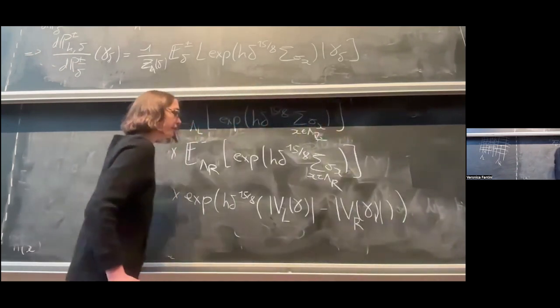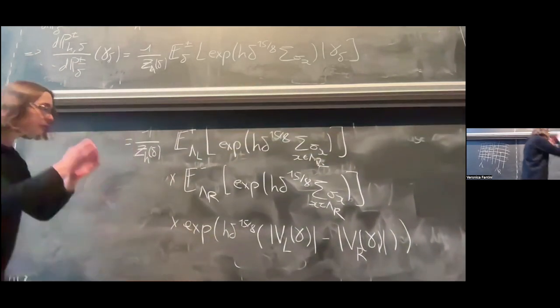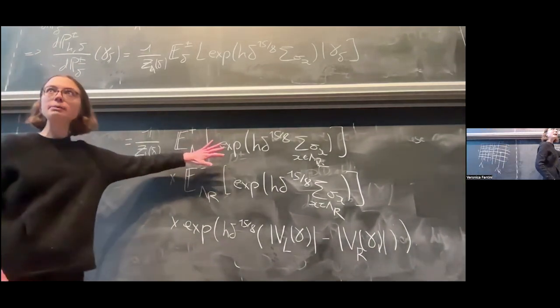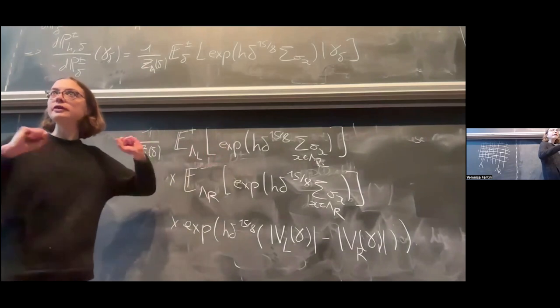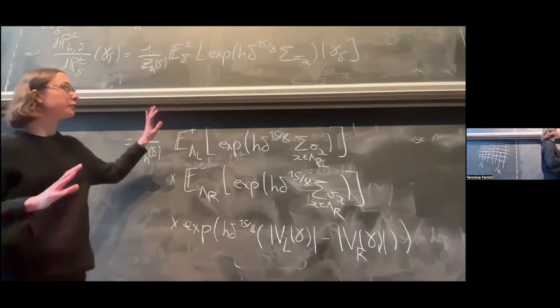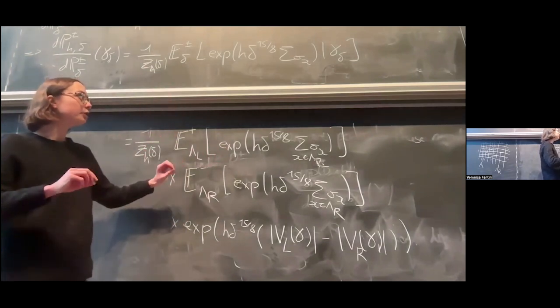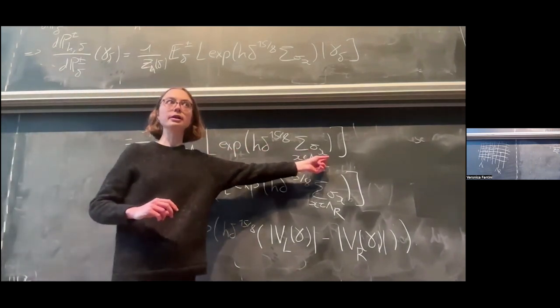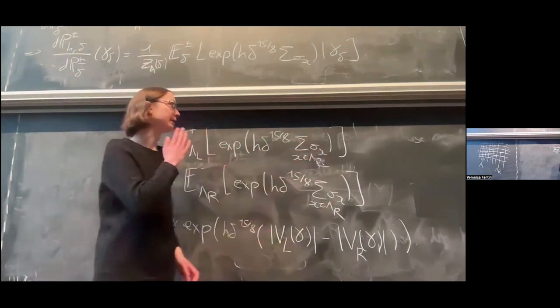So you have those three terms. And now you want to take the limit for this. These two terms are not so problematic because you can expand the exponential, and if you expand the exponential, you will get the k-point spin correlation in the expectation by just expanding in Taylor series.